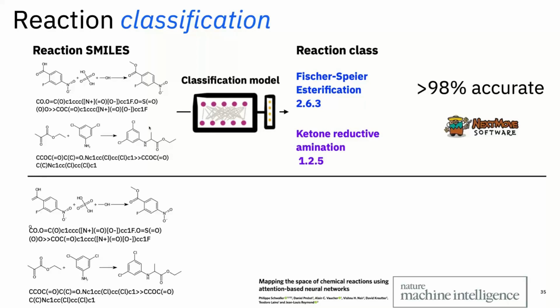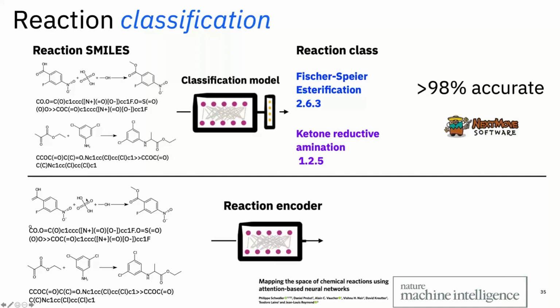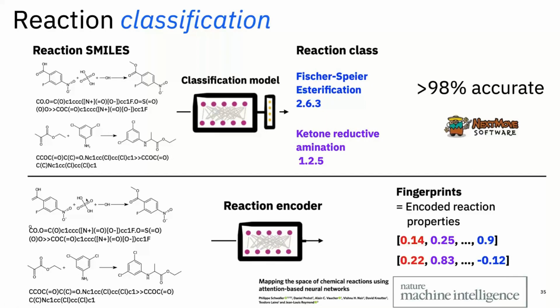But what I find even more interesting in this project that was published in Nature Machine Intelligence is that when we take away the last layer and only use the encoder part of the transformer model, then the outputs that we get are something like data-driven reaction fingerprints that encode all important properties of the chemical reactions.